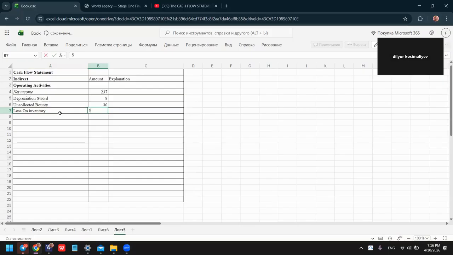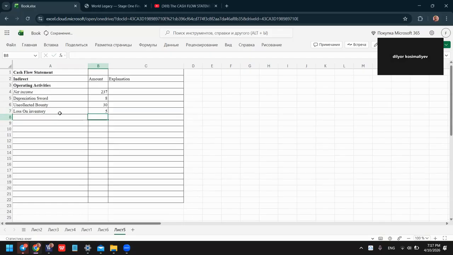It was 5. So it's also positive because it was deducted from our net income and it doesn't include cash. That's why we're doing it here. And let's continue.